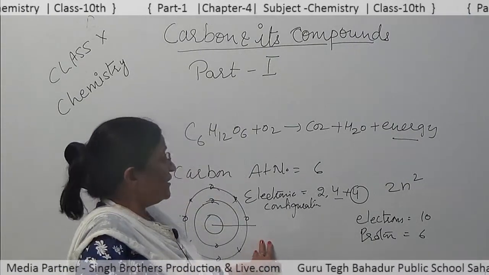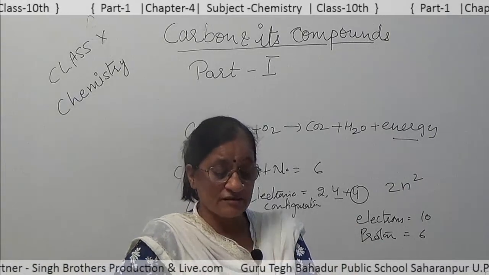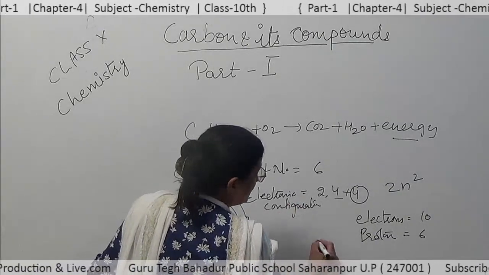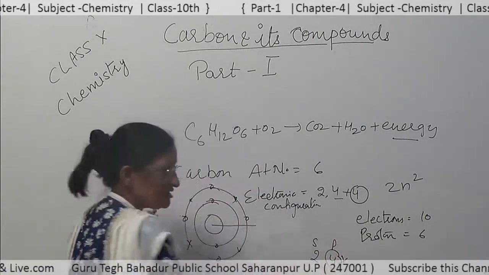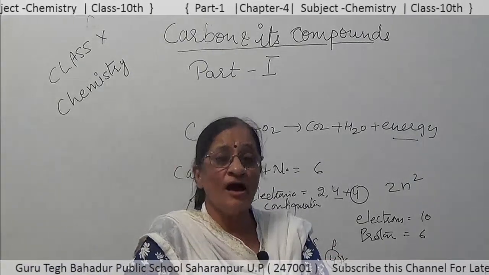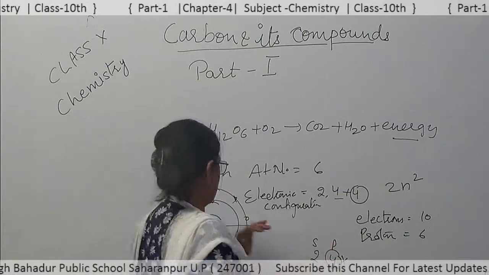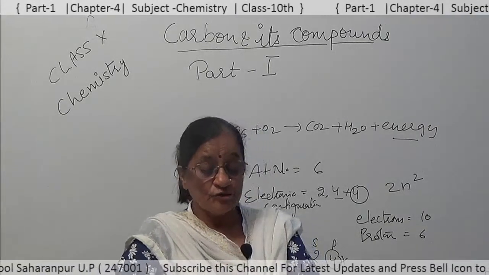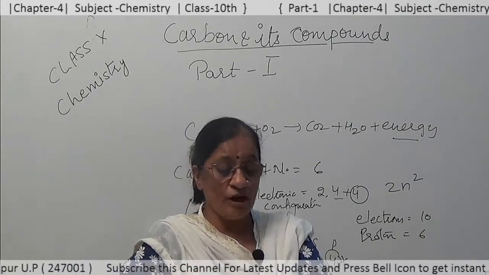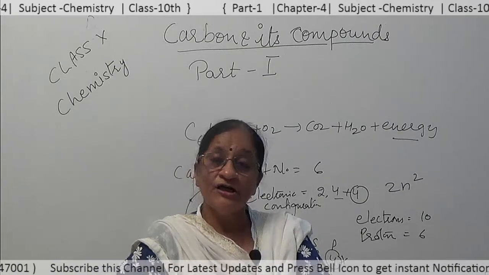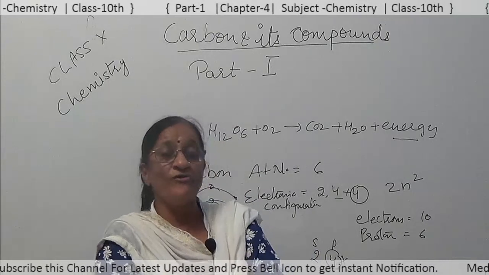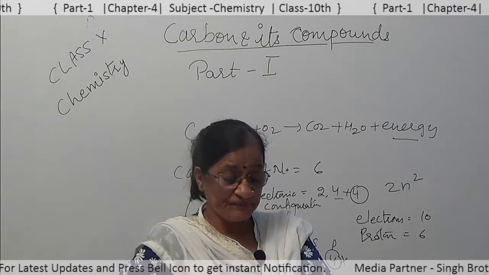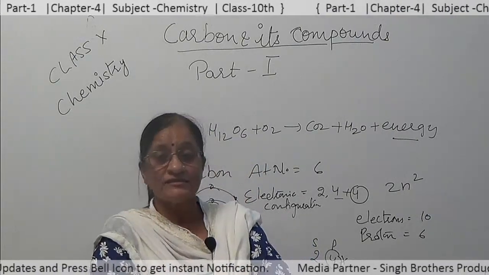The second case is if it loses 4 electrons, then its second orbit will be finished and it will have only 2 electrons, but its nucleus will have 6 protons. When the number of electrons is 2 and the number of protons is 6, the 6 protons in the nucleus of carbon will not be held strongly by 2 electrons, so it will again be unstable.